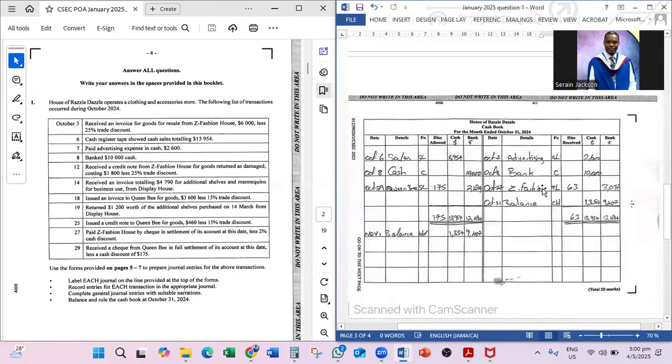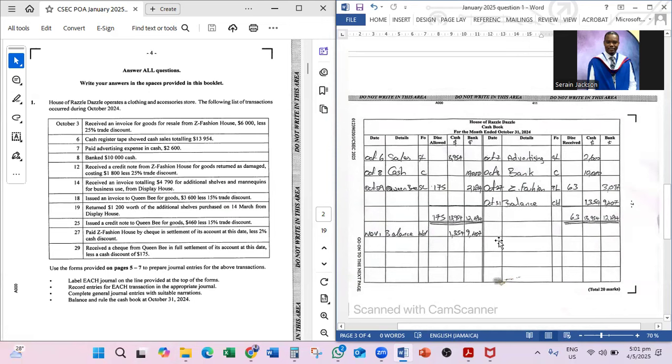So here it is, October 27th, Z Fashion, purchases ledger, because that is where his account is. The amount that we received for discount is 63, and I will put the information in the bank column because it did say check, we paid by check. So it is $3,087.